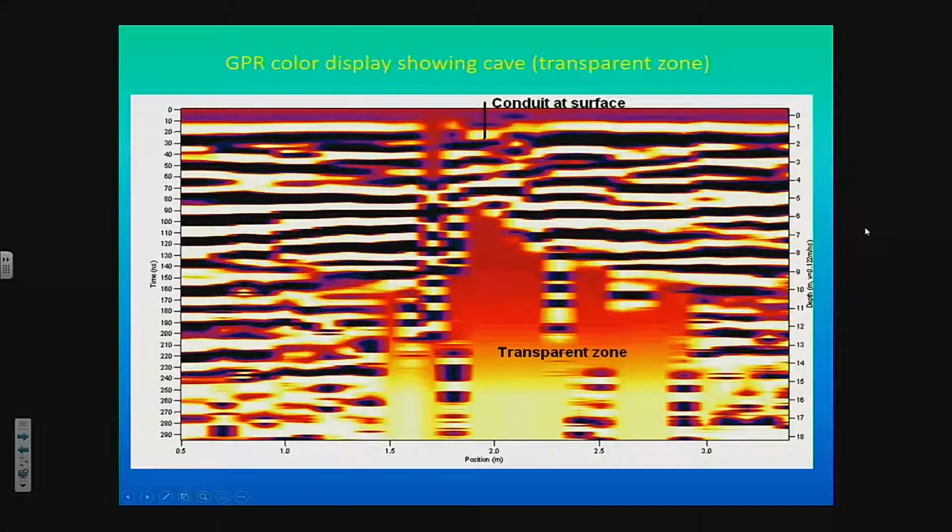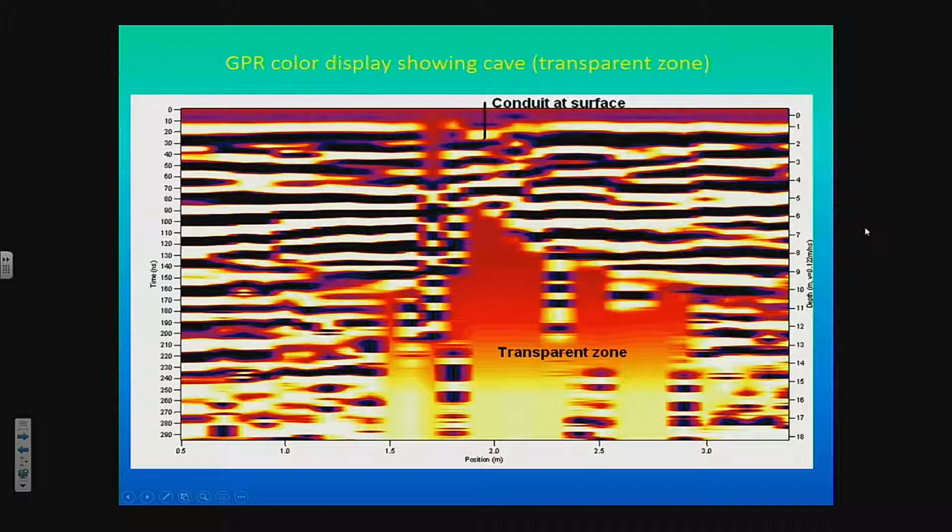And here's an example of a display. So you have time, and this is very short amounts of time. These are in nanoseconds. And then profile position right here. And this was a really interesting section because we saw a conduit. Actually, this is close to that conduit with the garbage I showed you earlier. And then very near there, we have the zone where there's no signal at all.